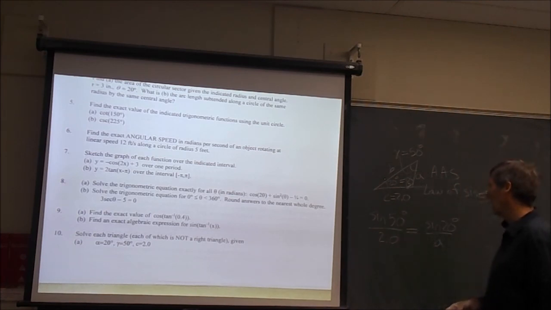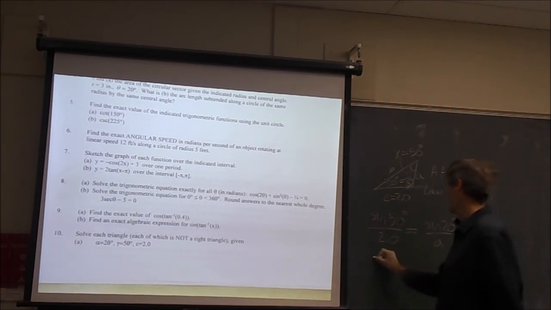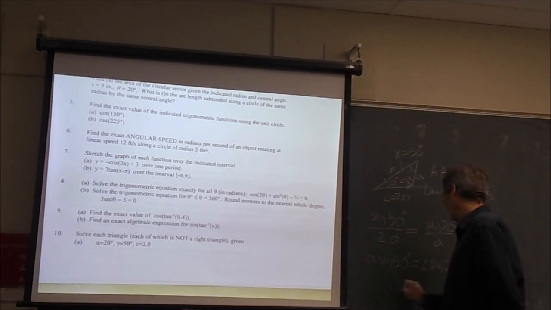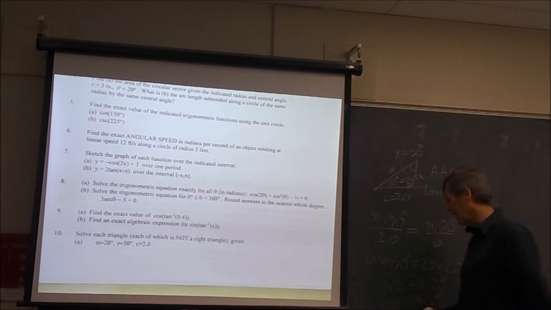I can cross multiply or I can take reciprocals, it doesn't matter. Let's cross multiply and say this one times this one equals this one times this one. Divide by sine 50 degrees and get A equals 2 sine 20 degrees over sine 50 degrees, which gives me the side A.